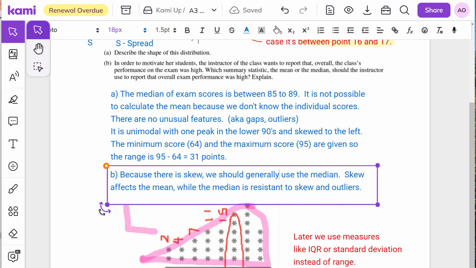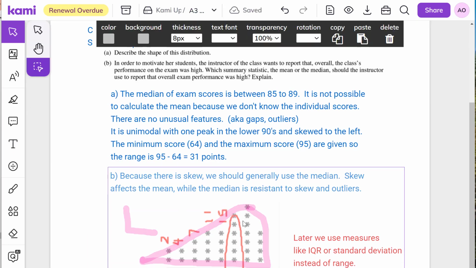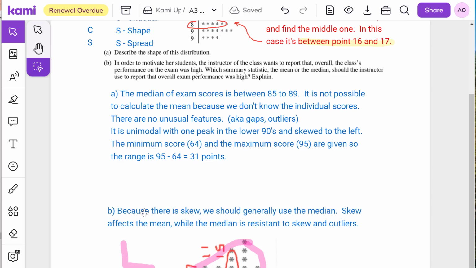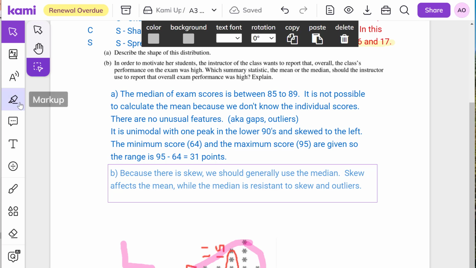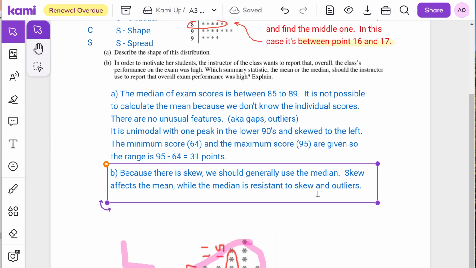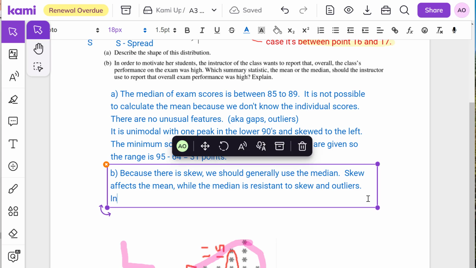In terms of just answering with centers, I'm going to move this down, move this up. But which one do you think will be higher? That doesn't really answer this question. In this case, she wants a high score, right?